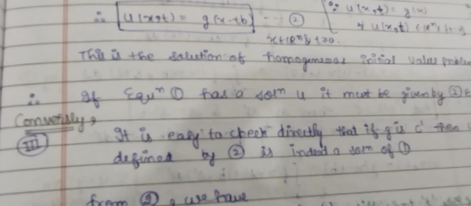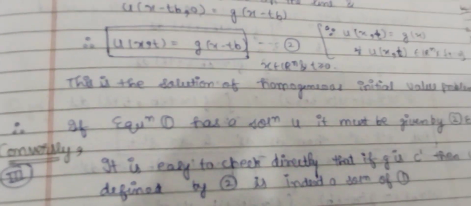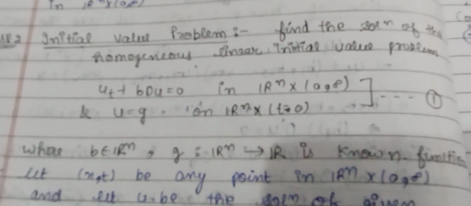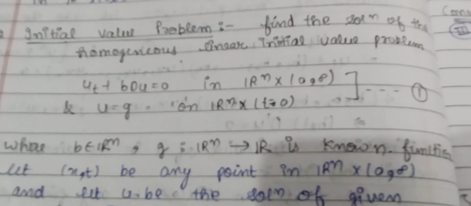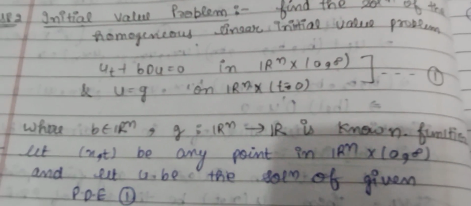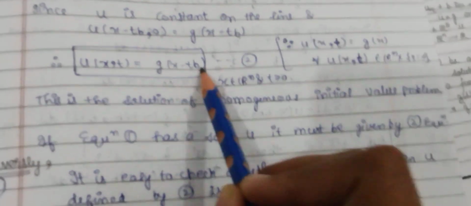Till here we have proved the first part: if we have the equation ut plus b dot Du equals 0 in Rn cross (0, infinity), and u equals g on Rn cross t equals 0, then we have the linear homogeneous solution, that is u of (x, t) equals g of (x minus tb).